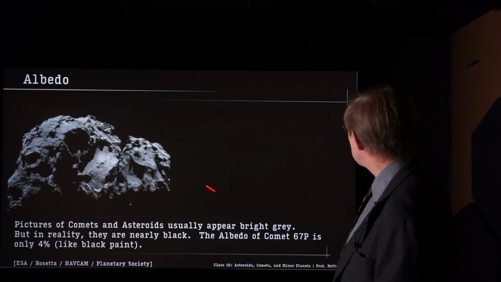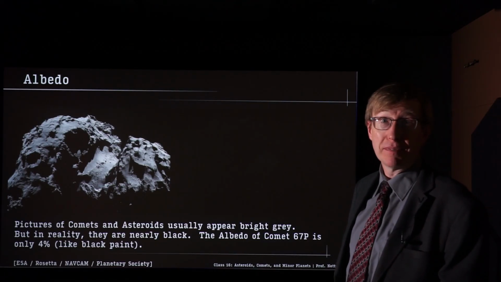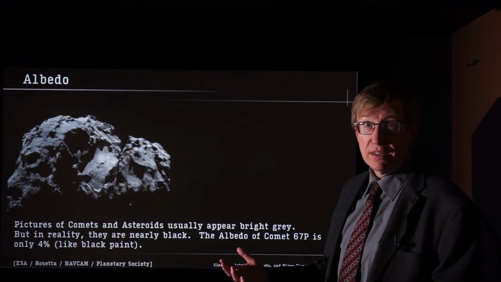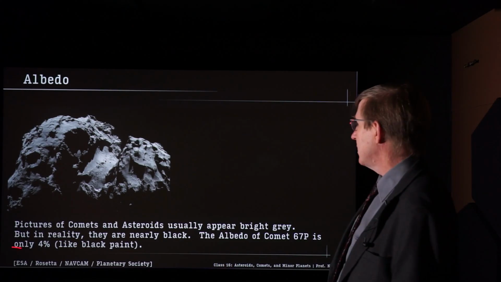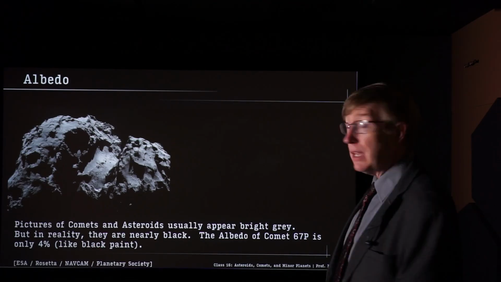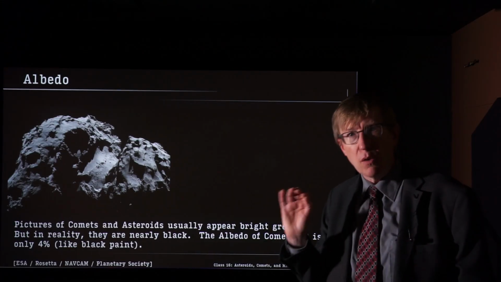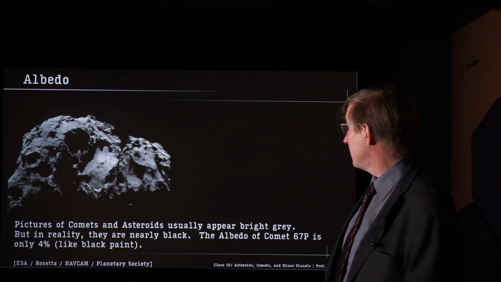There's only 4% reflection from a real comet. Here, the exposure has been cranked right up so you can try and see the comet. But in real life, if you just looked at it, it's almost perfectly black, like black paint. The reflectivity of a comet like 67P is a little bit lower than, but very close to, the albedo of black paint.